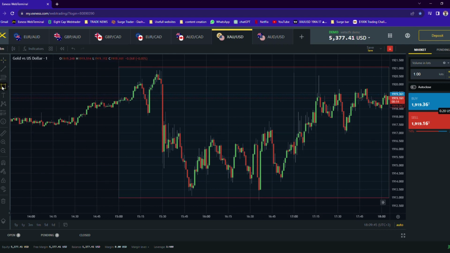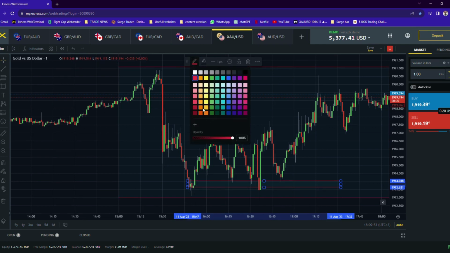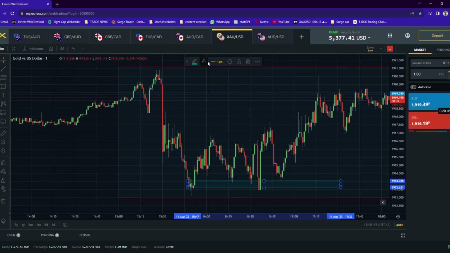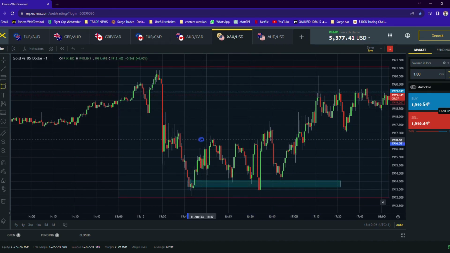So for example, there was a demand support being created right there, and let's first label it in blue. There was a demand, being support, being created right there, and there was a resistance being created right here.